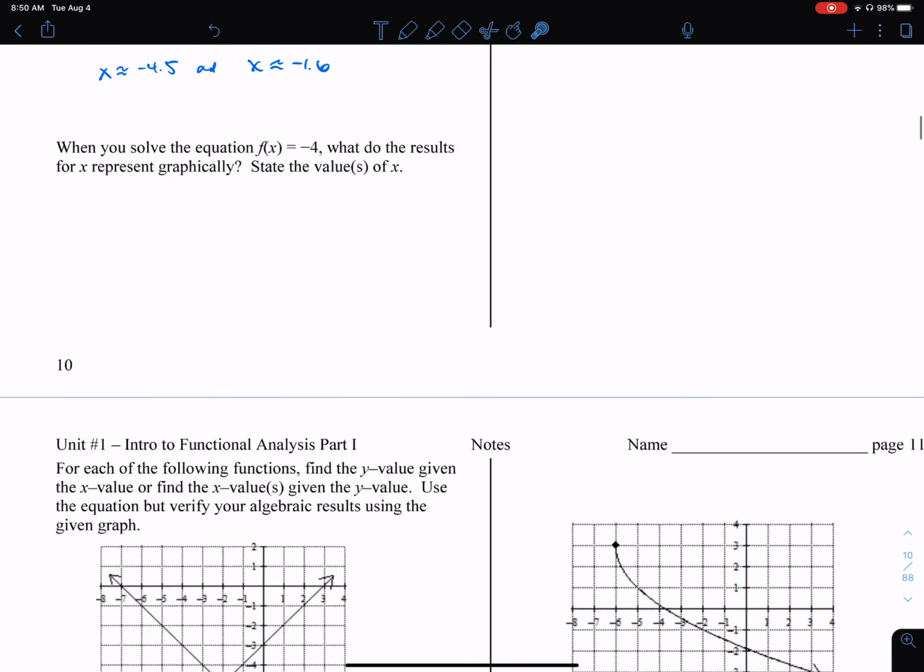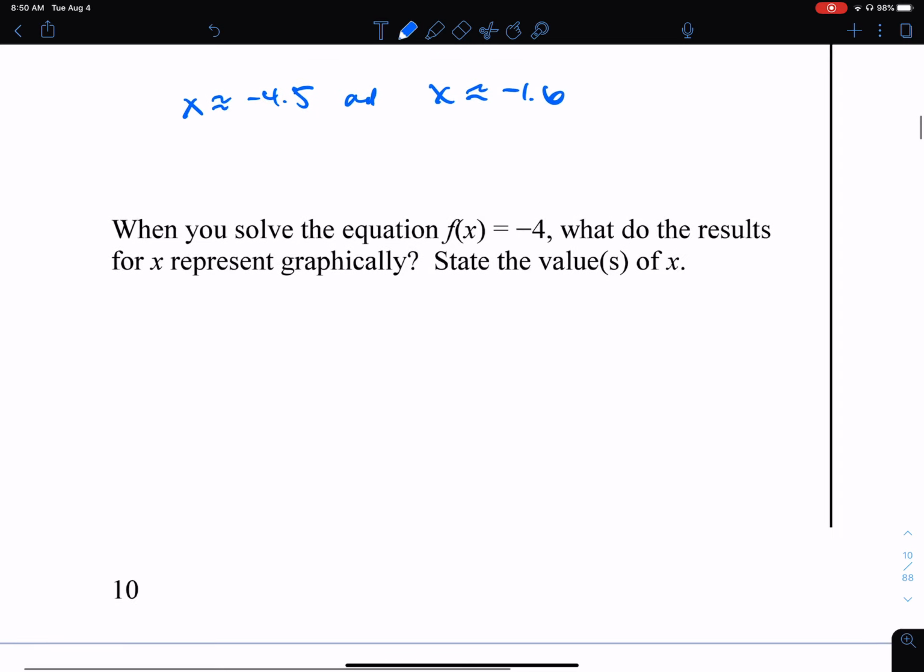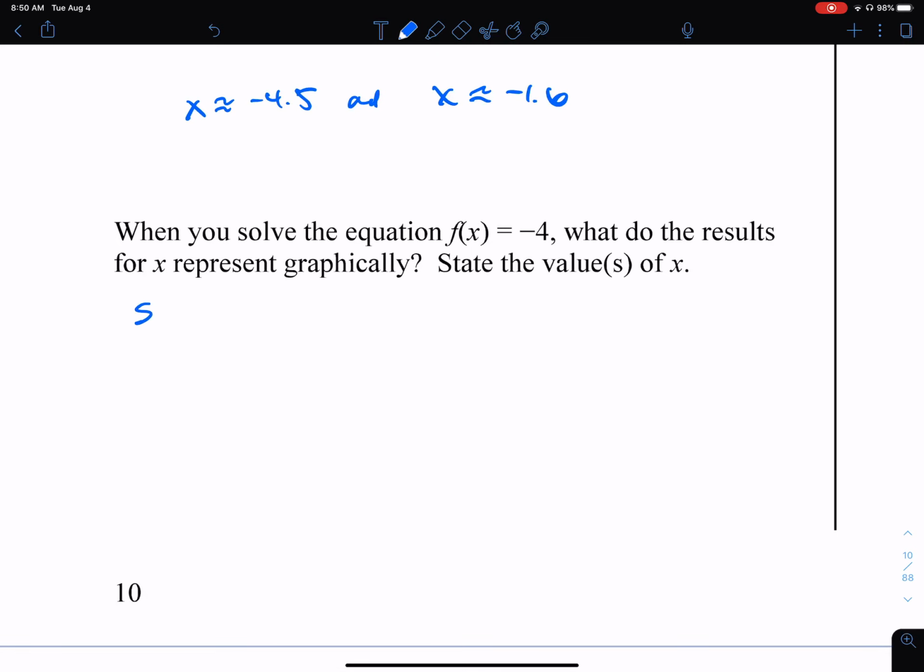So let's write that down. Solving f of x equals -4 represents the x values when y is -4.